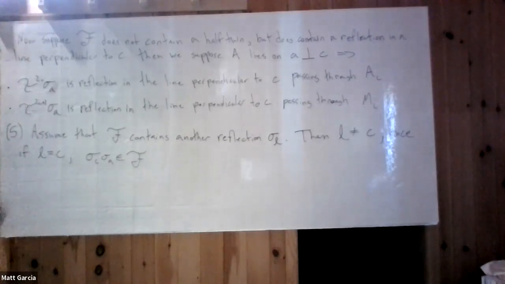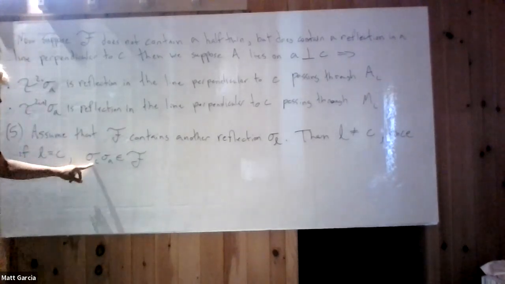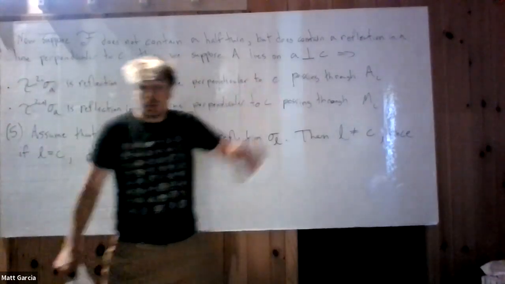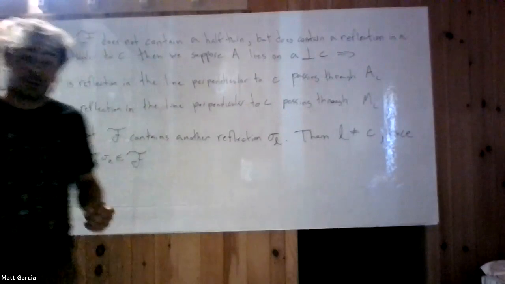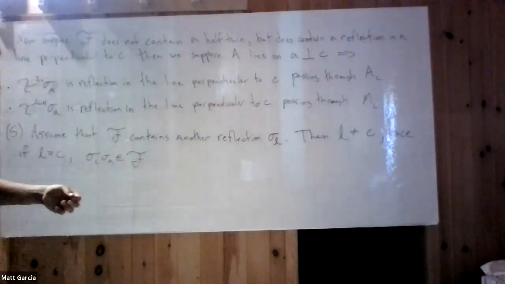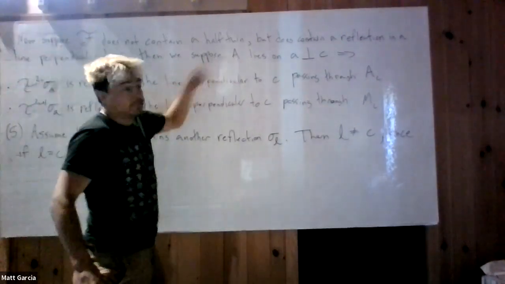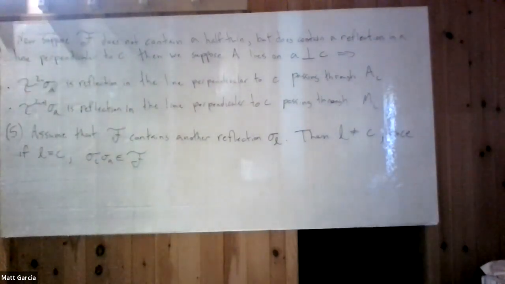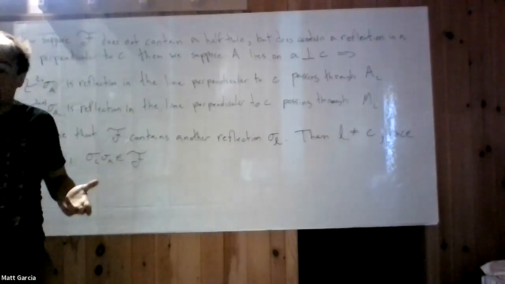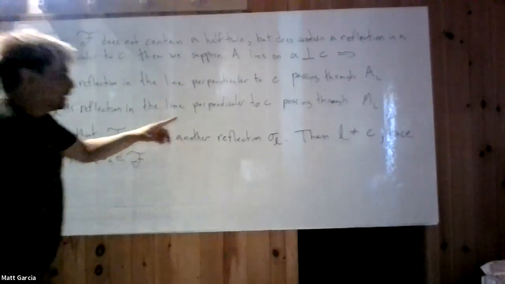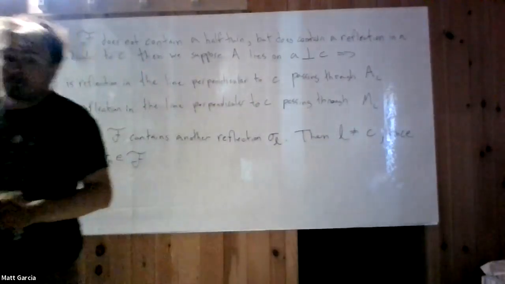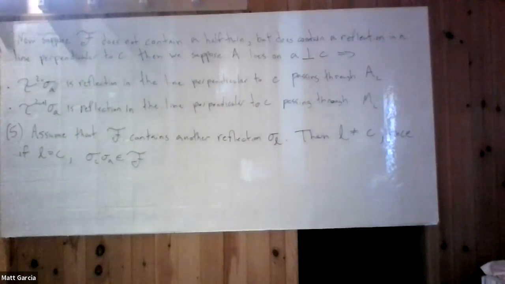Yeah, thank you, Spencer. This is a half turn, right? Because a and C are perpendicular. So the product of their reflections in a and C results in a half turn centered at A. But we assumed that F did not contain any half turns. Therefore, this reflection line L cannot equal C. Okay, good.